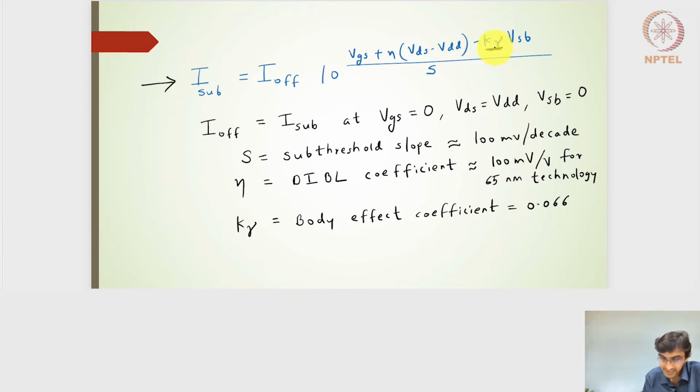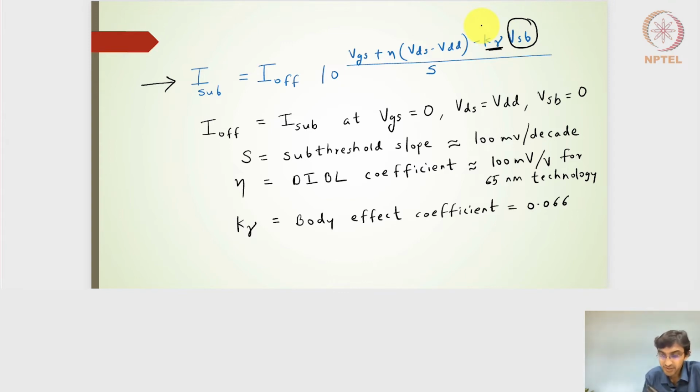K gamma, what I said was the body effect coefficient, and it is given by 0.066. What it really means is if the source to body voltage VSB increases by 1 volt, I will have a K gamma effect of 0.066.